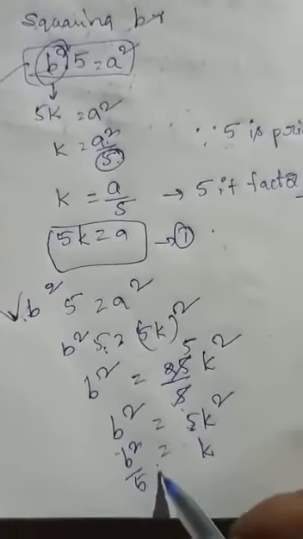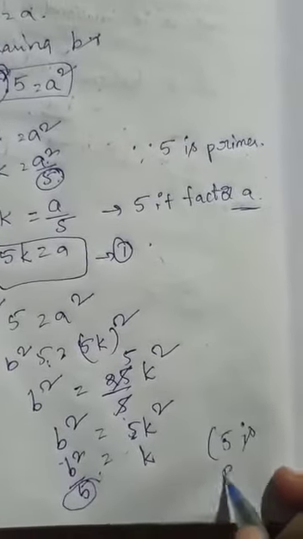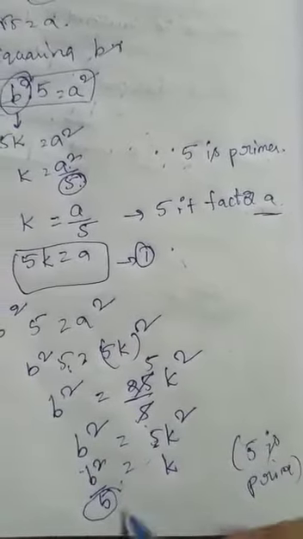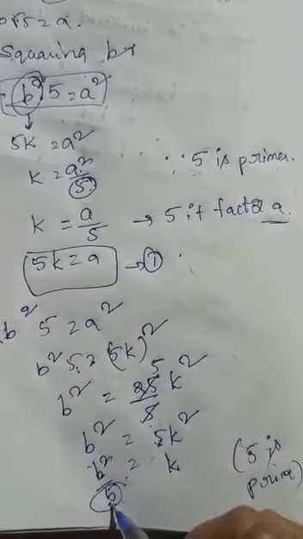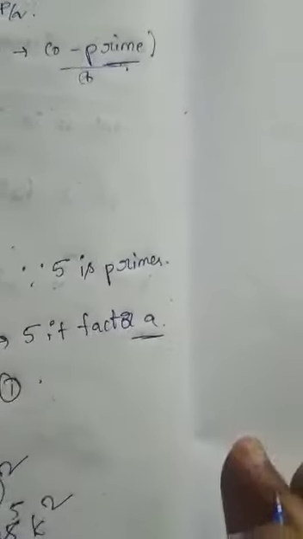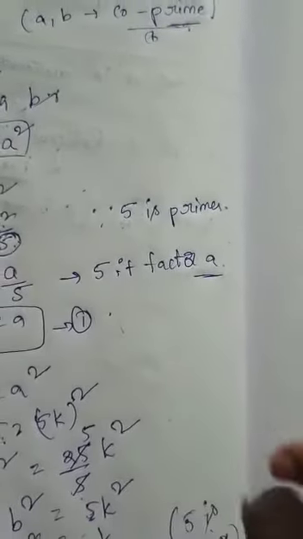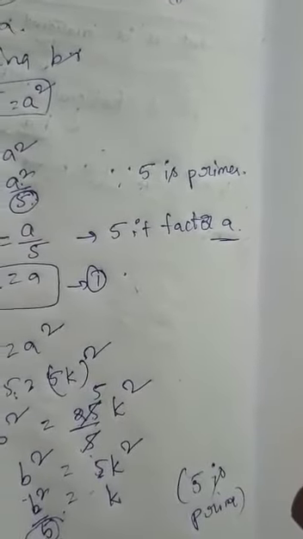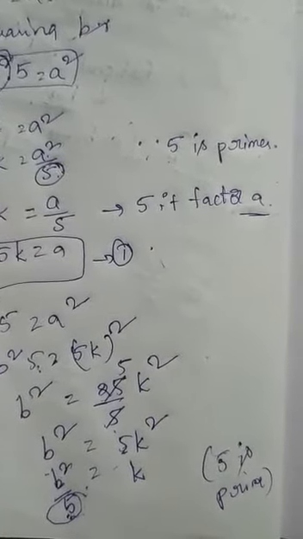So here 5 is a prime number. 5 is one of the factors of b square. So 5 is one of the factors of b also. We know the theorem: if p is a prime number and p divides a square, then p divides a also.